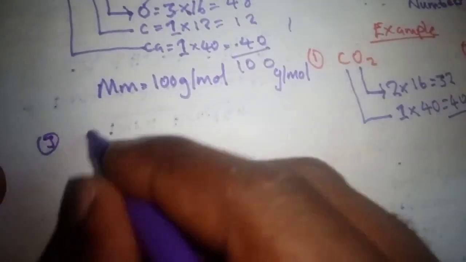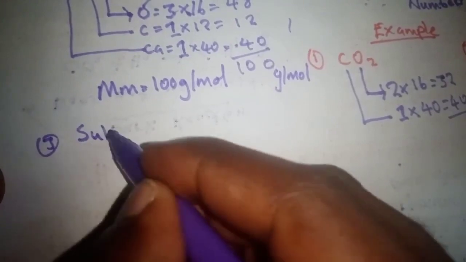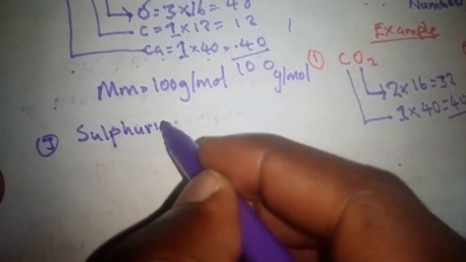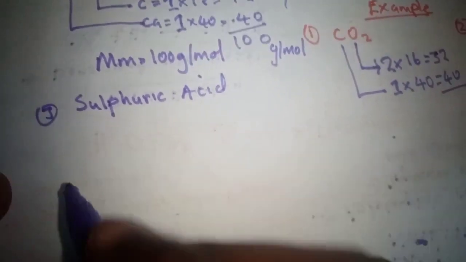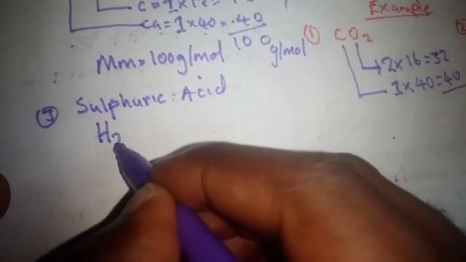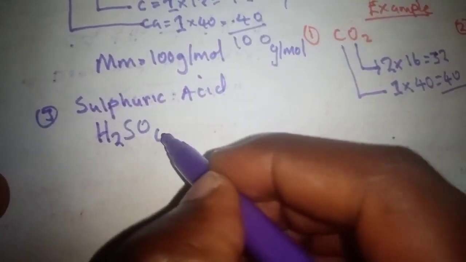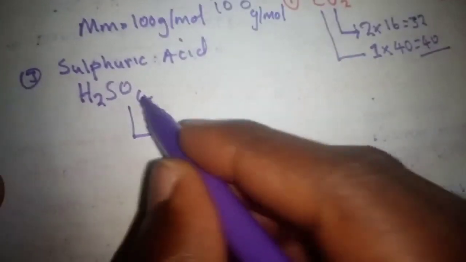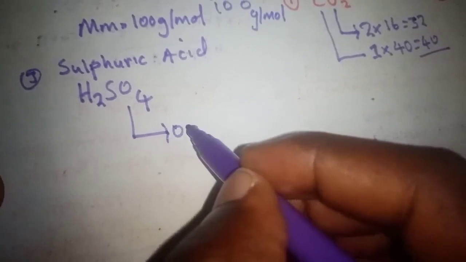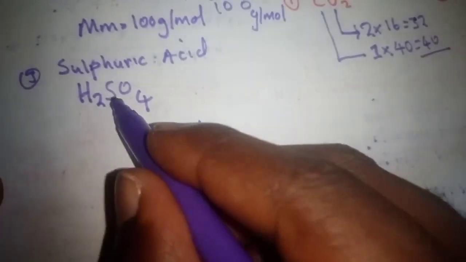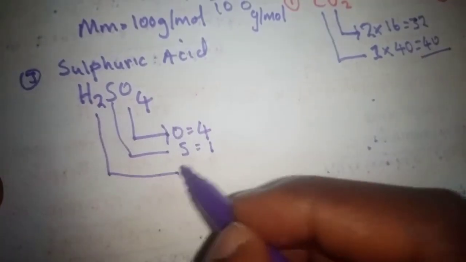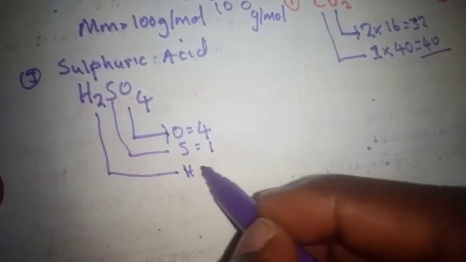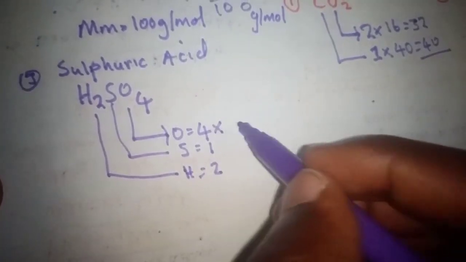So let's look at sulfuric acid. Sulfuric acid is given by this formula. Here, how many oxygen atoms? We have oxygen atoms equal to 4. Sulfur atoms, we have 1. Hydrogen atoms, H, we have 2. Multiply by the mass number.